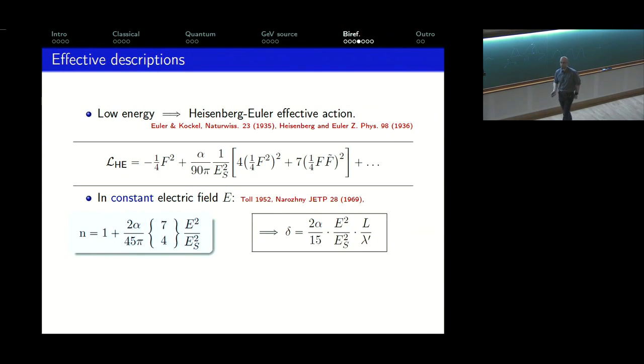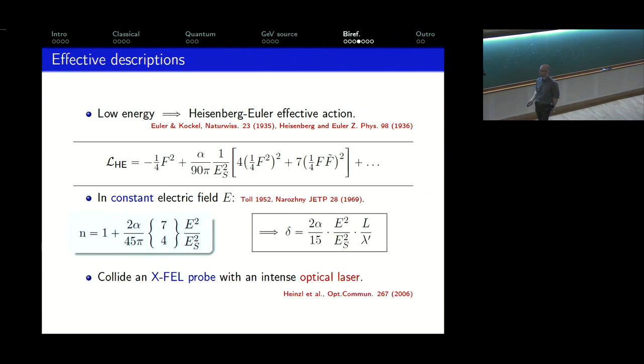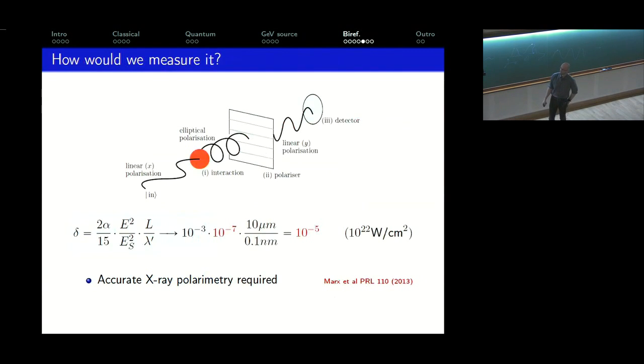So then you say, okay, I will choose my probe to be an X-ray, and I will use this to probe an intense optical laser and try to measure vacuum birefringence. Just to hammer the point home, here is the experimental setup. You have an X-ray or an X-ray laser with linear polarization, and you collide it with a very intense optical laser.